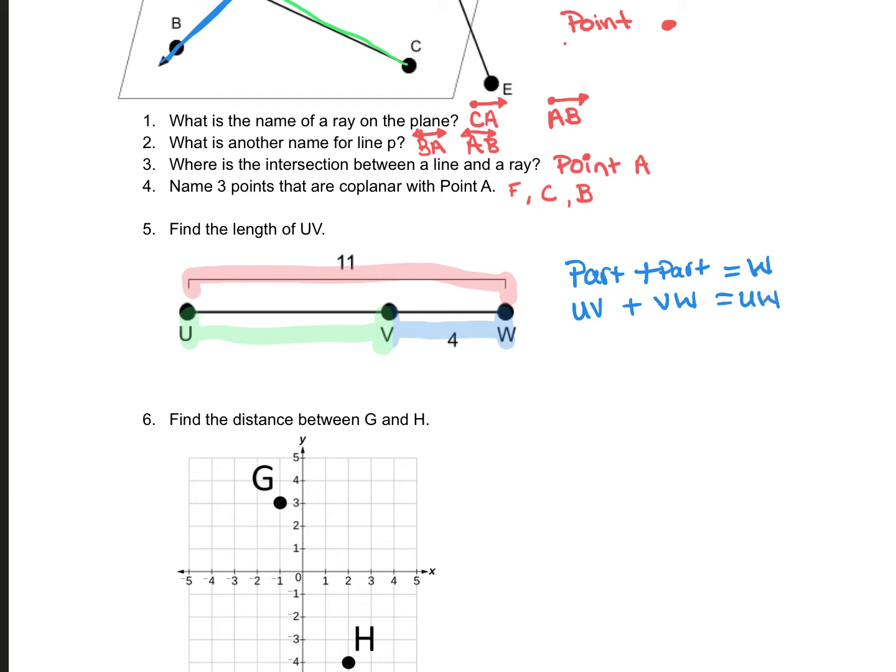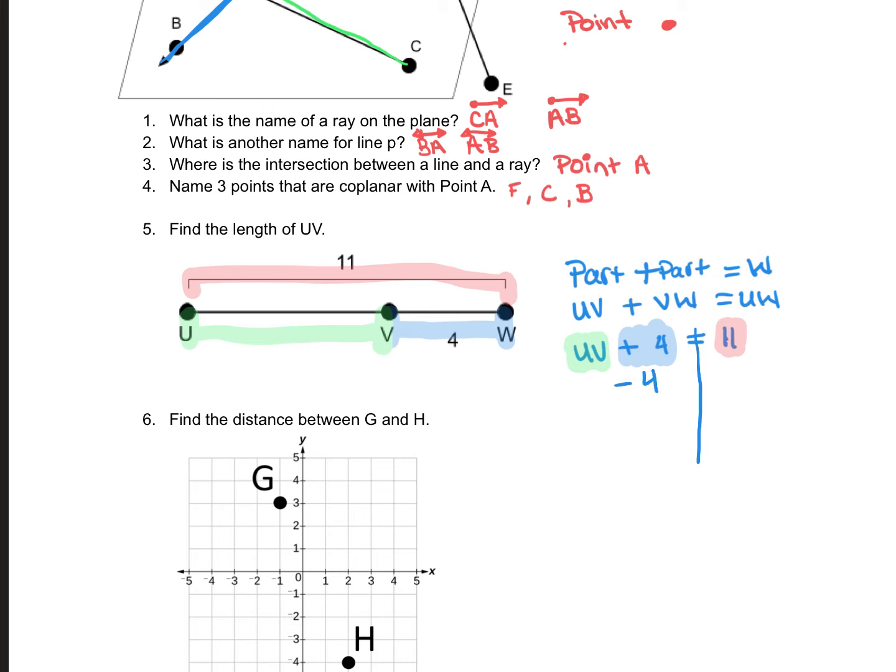Now I plug in numbers. For UV, I don't have a number, so I keep UV as what it is. For VW, I'm given a 4, and that's going to equal my total, which I'm given as 11. I'm going to color coordinate this for y'all. That 11 is the whole, which came from the red section. The first part is blue, which came from the blue section, and UV is the green section. We're going to continue with this, and we need to draw our line.